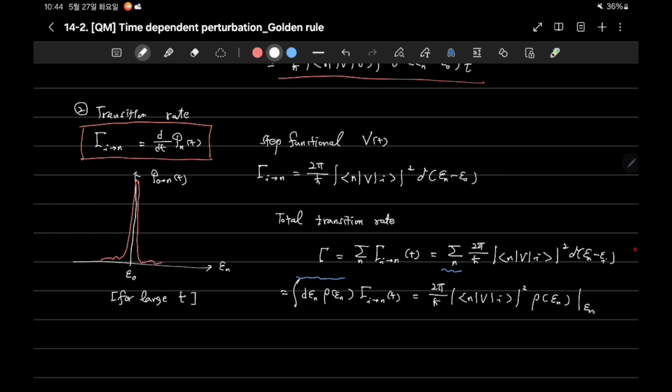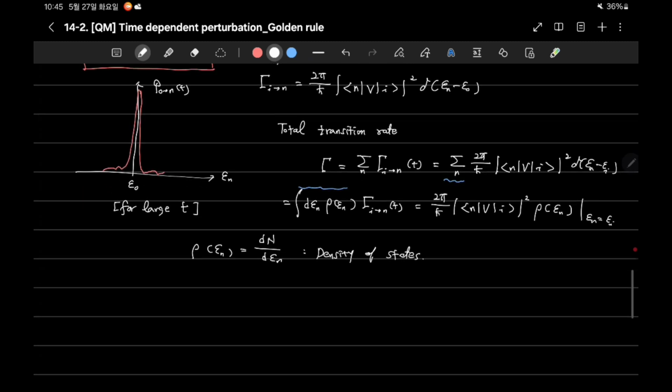Here epsilon n equals the epsilon i state. Here we call rho of epsilon n the density of state, dn over d epsilon. Density of state is very important in quantum mechanics as well as solid state physics.